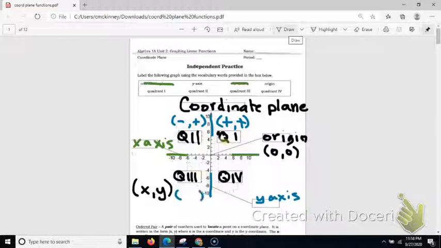When it's in quadrant 3, it goes left and down. So x and y are both negative in quadrant 3. And then in quadrant 4, the x would be positive because it does go to the right, but then it goes down, so the y is negative.